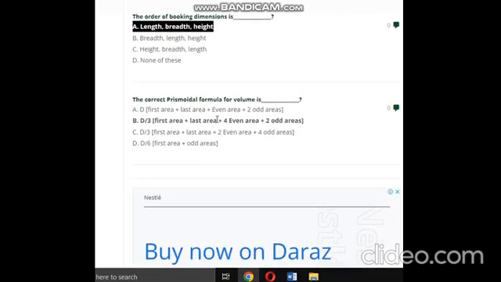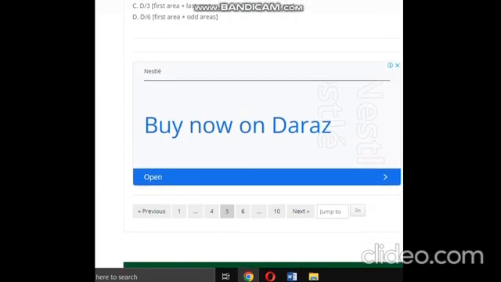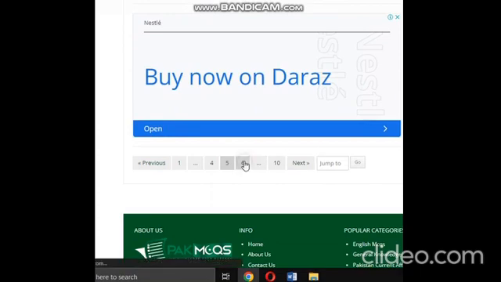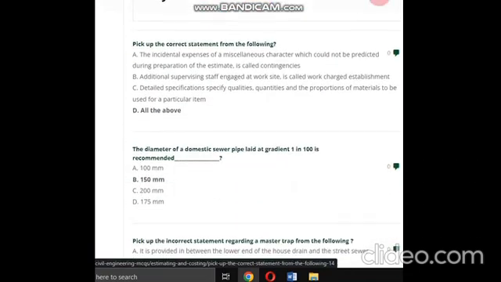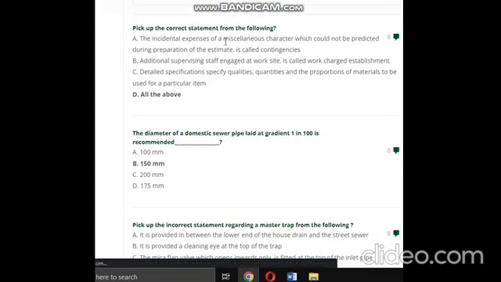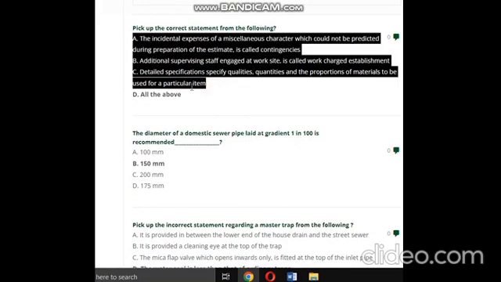The correct prismoidal formula for volume is D/3 times first area plus last area plus 4 even area plus 2 odd area. Pick up the correct statement from the following. All statements are correct. All of the above.